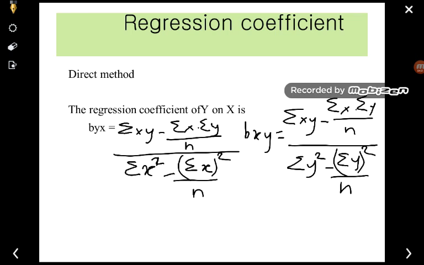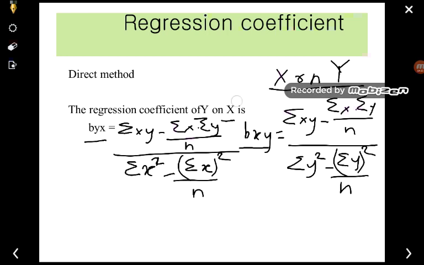Now you can see both the regression coefficients. This one is regarding x on y, so it can be represented by bxy, and its formula is this one. And this is the regression coefficient of y on x, represented by byx. So this is the direct method for the regression coefficient.